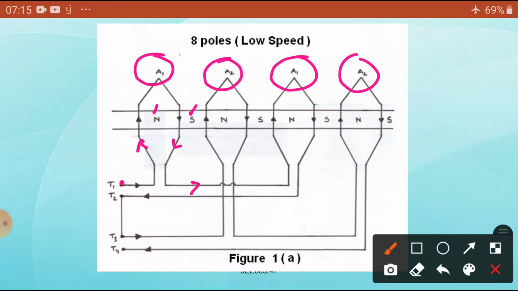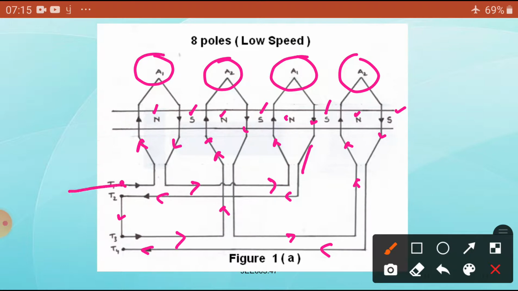Similarly, it is connected here, entering here, so it becomes the north pole. Now it is coming to this one, the south pole. Here once again, this is the north pole, and coming to this one, the south pole. It is connected here, north pole, and connected here, south pole, and it goes to the end.